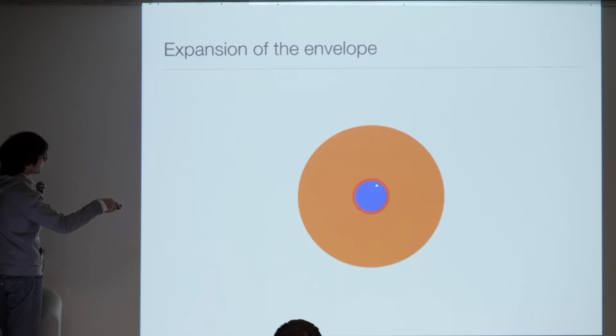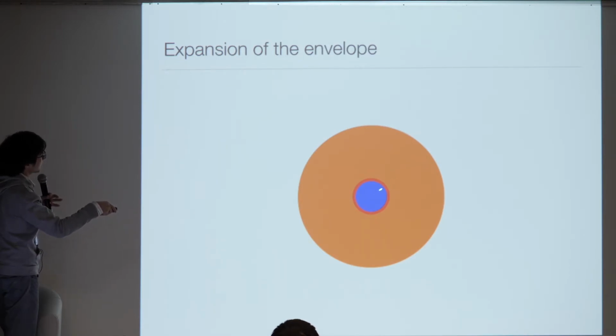Then the pressure here will be very small because this region is just staying there. And if the outer region also keeps contracting, then the pressure here will be too high.